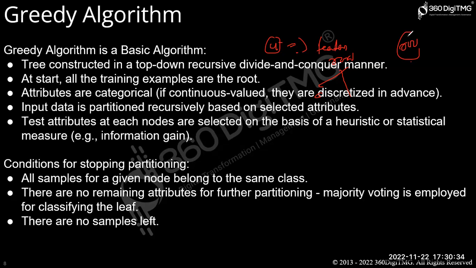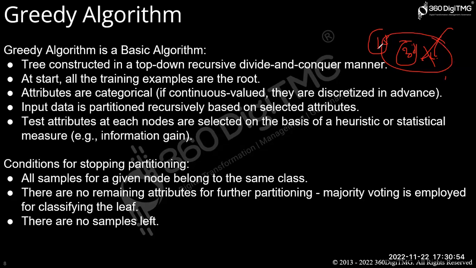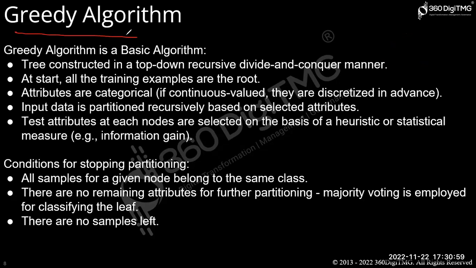Fine, but what if we have 15 features? In that case, we have to consider 15 features individually. If it is 30 features, we have to consider 30 features individually, and then come up with the concept. So it is not easy. So many calculations are involved. Instead of that, we will go with the greedy algorithm.